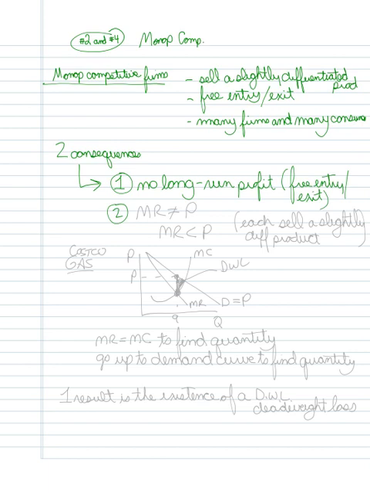And number two, the marginal revenue is not the same as the price. In fact, the marginal revenue is less than the price. And this comes from the fact that firms each sell a slightly different product.